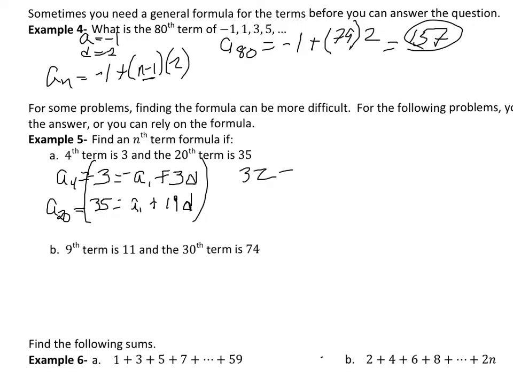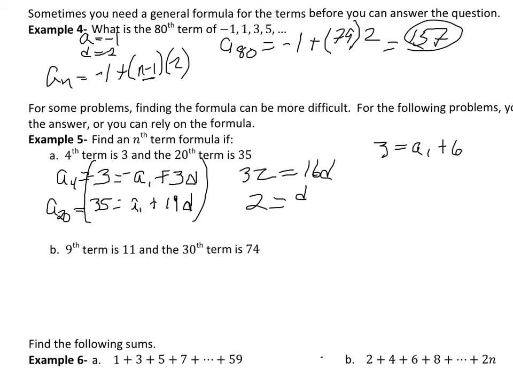A's go away. 19D minus 3D is 16D. So what is it now? What is our common difference? 2. How do I find my first term now? Plug D in. So let's go to that top equation. So we get 3 equals A1 plus 6, right?